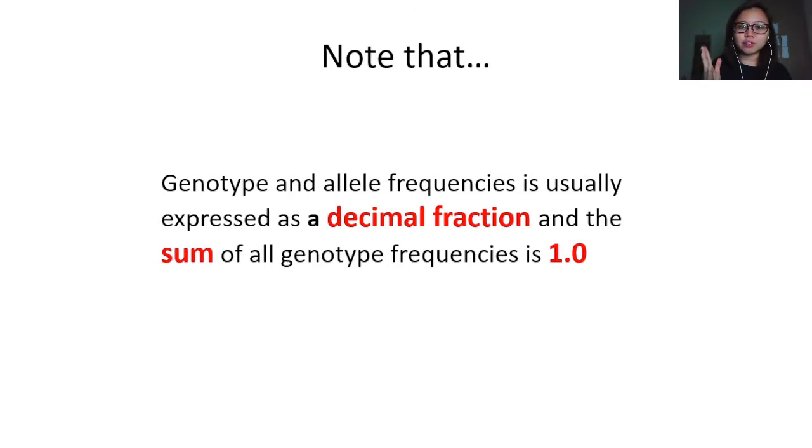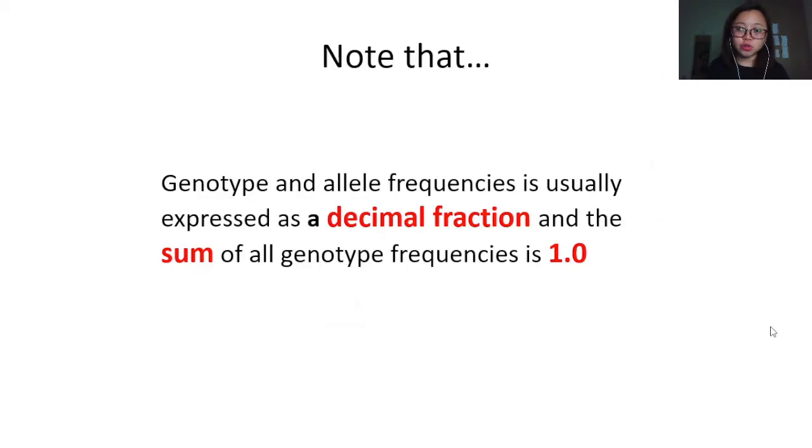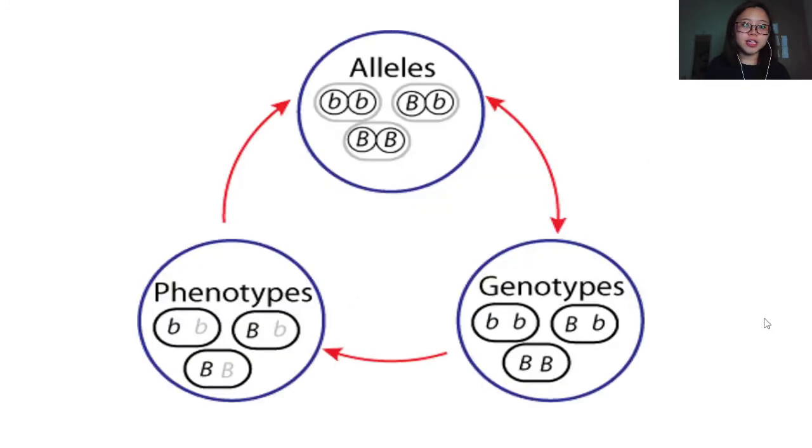Okay, so note that when you're calculating all of this, the genotype and allele frequency is usually expressed as a decimal fraction, and the sum of all the genotype frequencies will be 1.0. This means we use fractions, our answer is in decimal form, and if we add the decimals for P square, 2PQ and Q square, we will get 1.0. It's the same for allele frequency: P plus Q will also be 1.0.